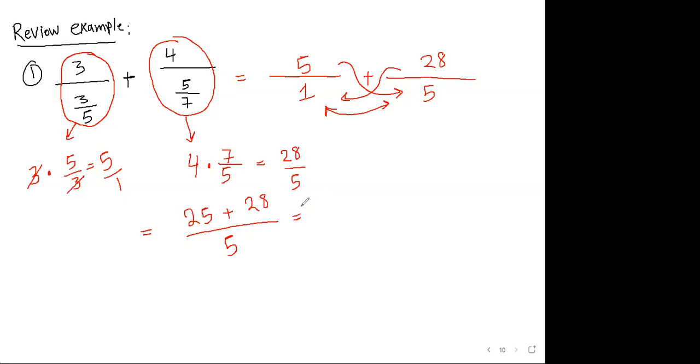The answer is 53 over 5. It's easy. It's easier than cross multiplying everything. If you want to do cross multiply from the start, 3 times this fraction, 4 times this fraction, and this fraction times this fraction, it will be so complicated.